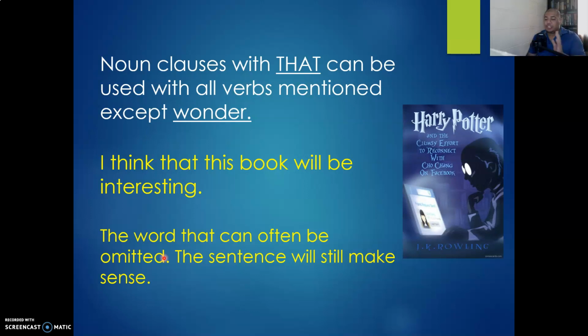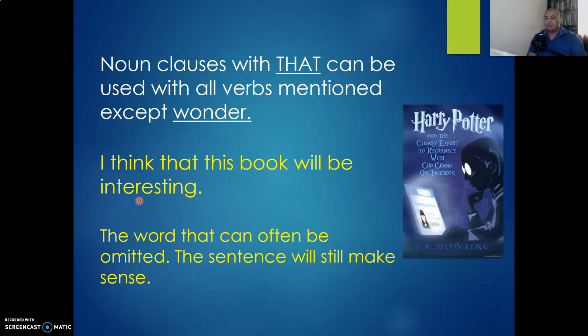When they were children, they wondered if they would get married, etc. You cannot use that with wonder. Now, check this another example. I think that this book will be interesting. You'll see that in many cases we omit the word that in clauses.